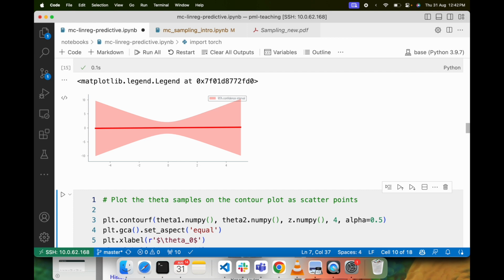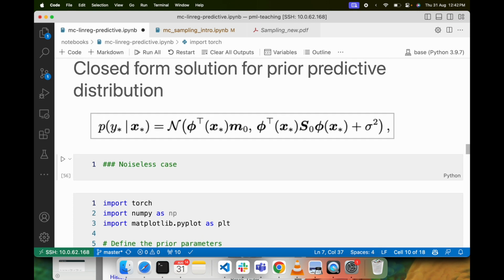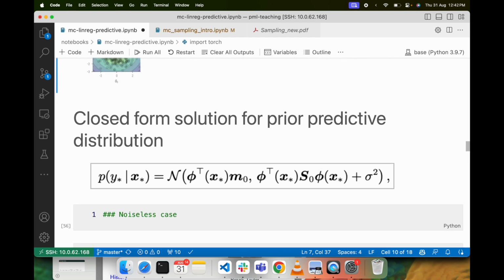Why is this my prior predictive distribution? I'm trying to compute, and from the Maths for ML book you can also verify this, P of y star given x star equal to normal of x transpose m naught, the mean of the prior, plus the covariance term, and there is a sigma square term.